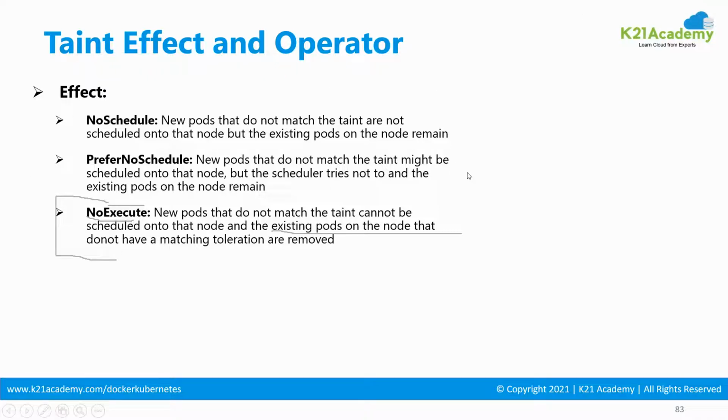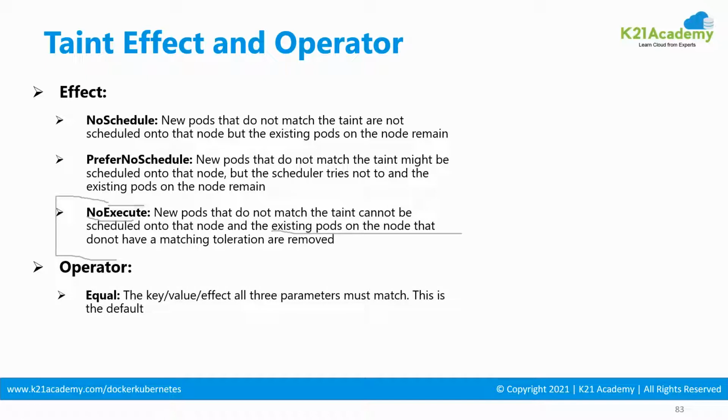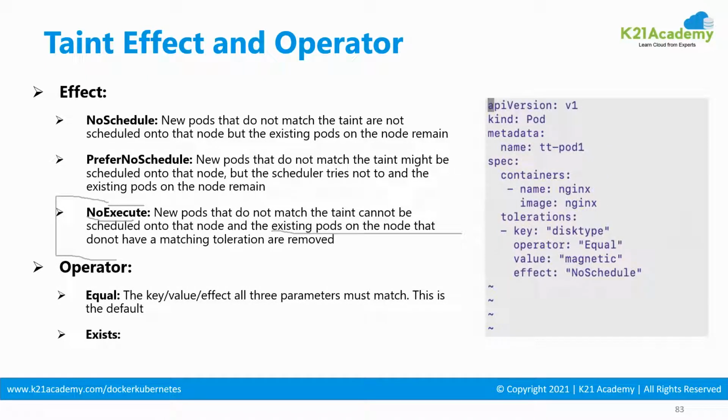Let's try that out. Is there any other? Yeah, there are operators now: Equal and Exists. These are the two operators. Equal means the key, value, and effect you picked, all three parameters must match. This is the default.